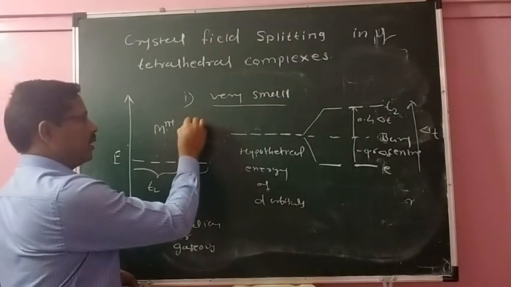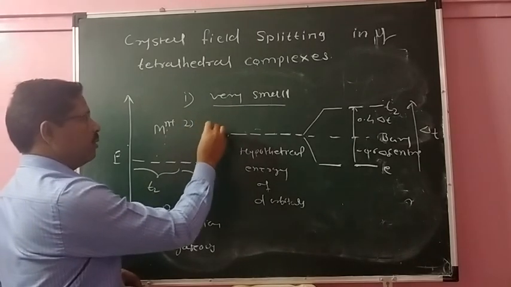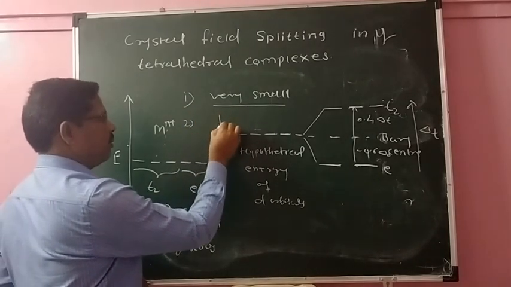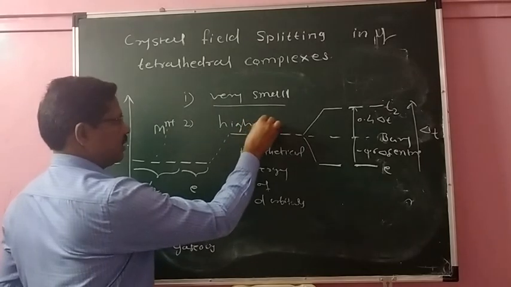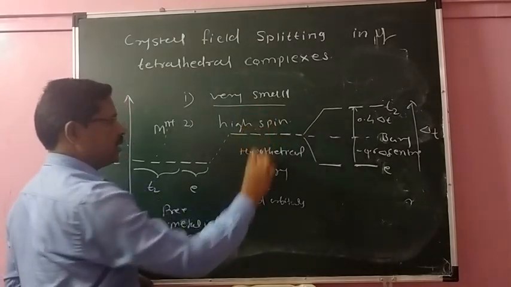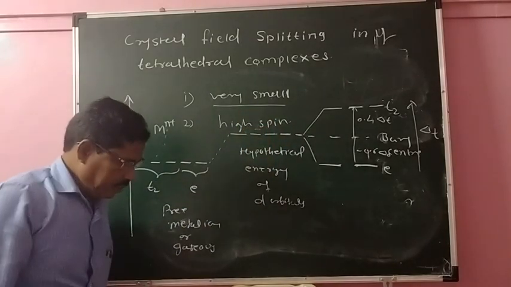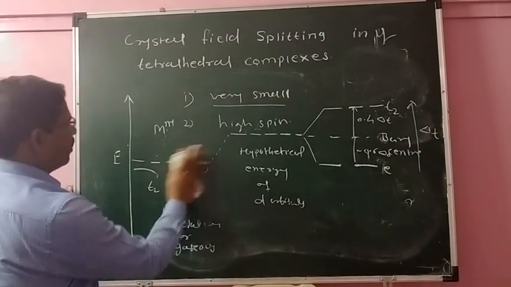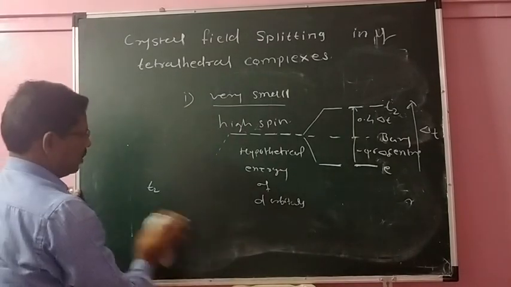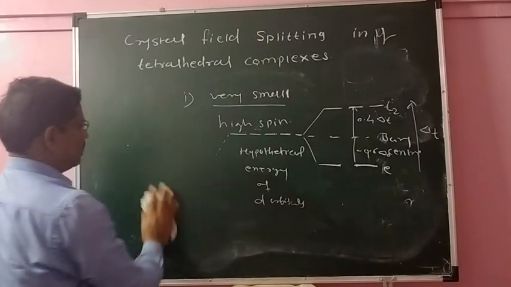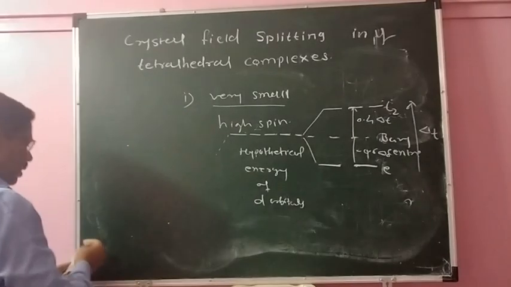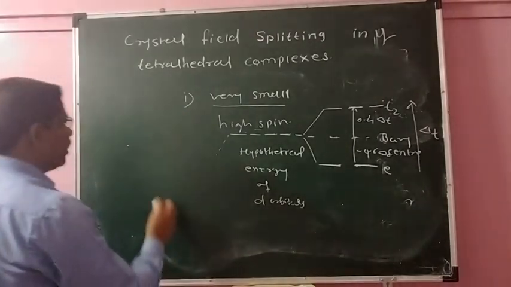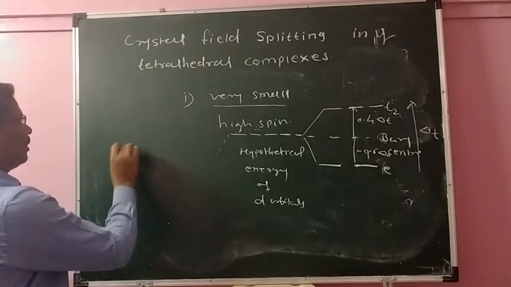Another point is that tetrahedral complexes always have high spin. What is high spin? High spin complexes means all electrons are unpaired.